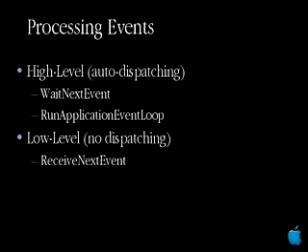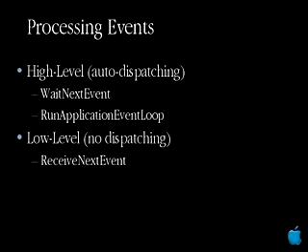So once you actually get the events in your application, you probably want to do something with it. And the way you would drive an application is you can either call wait next event like you always have, or you can switch to run application event loop. Again, run application event loop is really for the pure Carbon event-based apps. You wouldn't just drop that in. I don't think it would do exactly what you wanted.